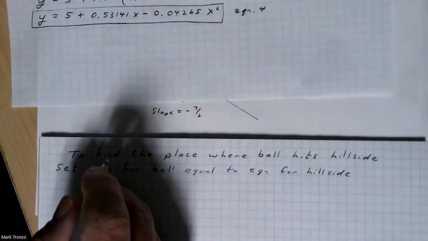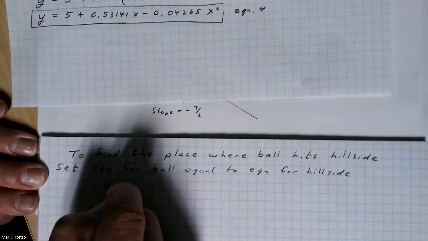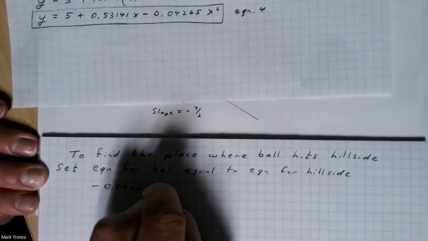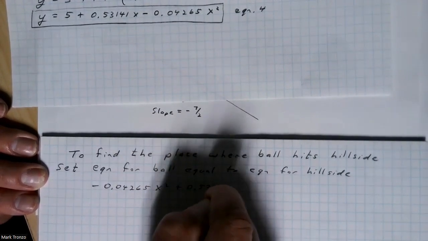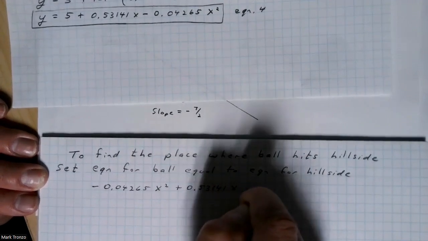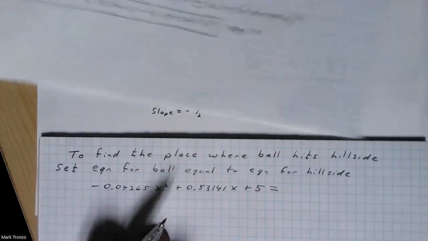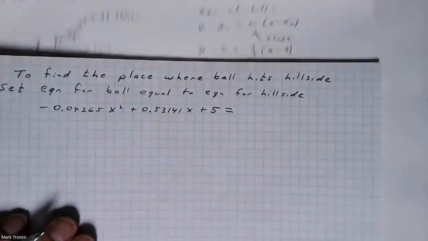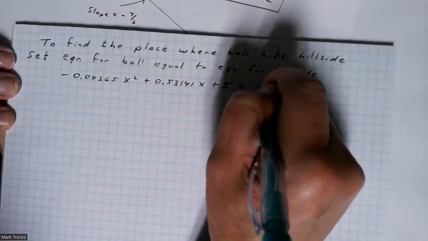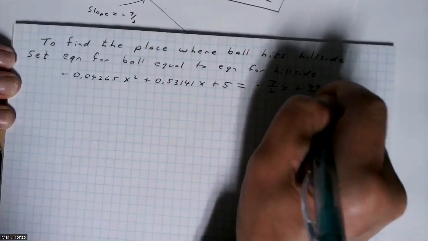So this is going to be negative 0.04265 x squared plus 0.53141 x plus 5. That's the equation for the ball. Then the equation for the hillside is up here. That was negative 7/2 x plus 49/2.